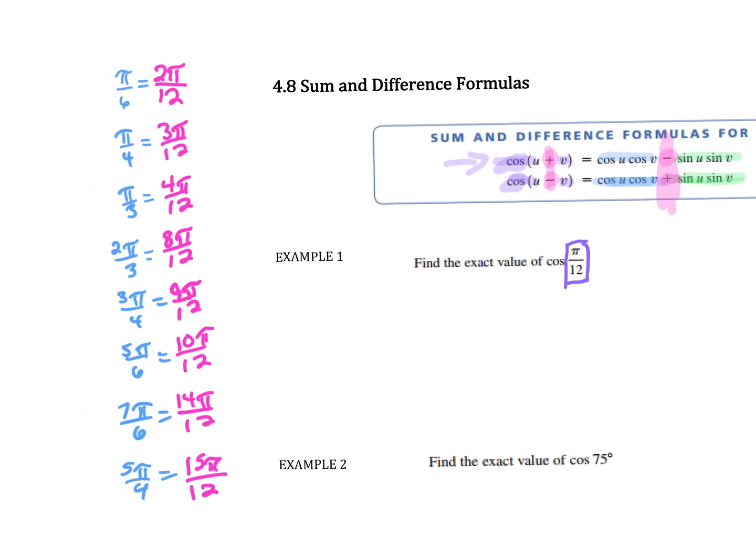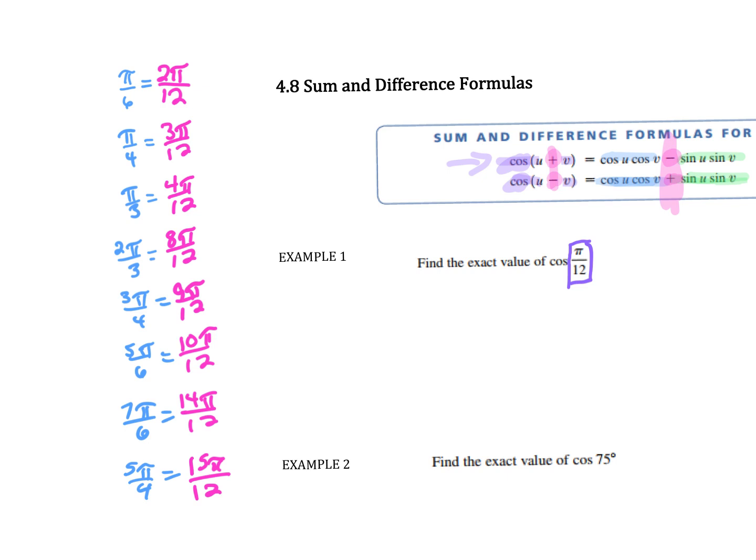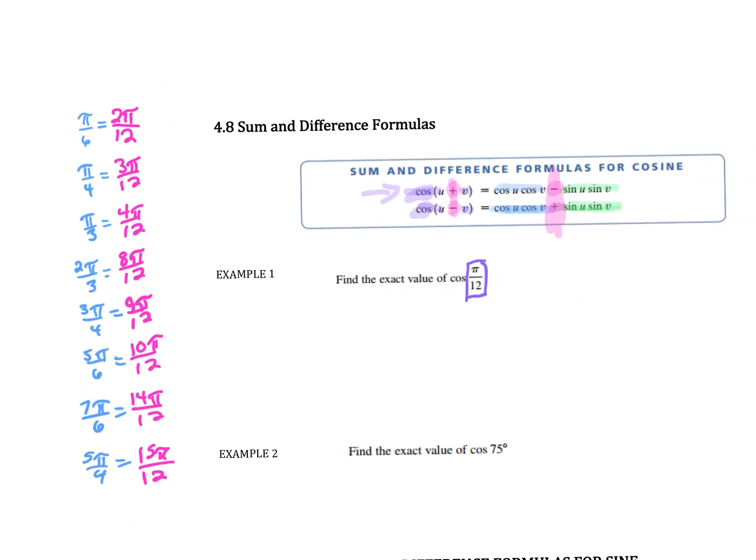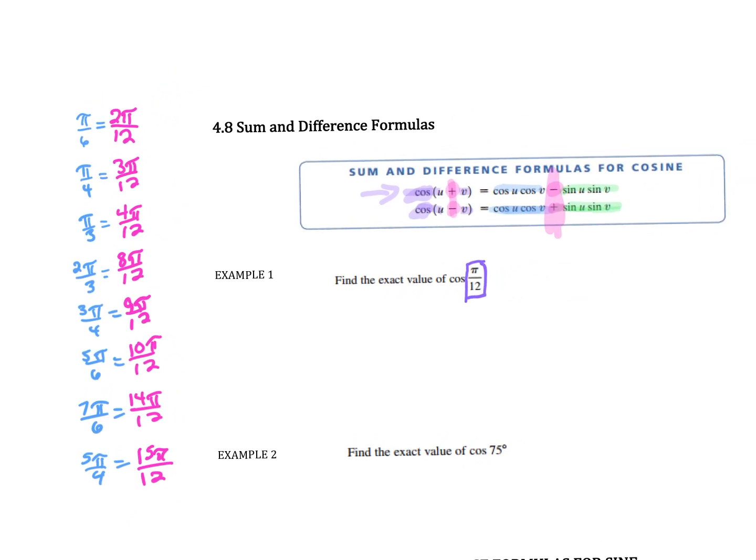If you look at the actual angle measures on the left in the blue, it's a little hard to figure out what would combine to give us 1 pi over 12. But if you look at these values with the common denominator, we have a whole bunch of options. We could subtract 3 pi over 12 minus 2 pi over 12. We could subtract 4 pi over 12 minus 3 pi over 12.